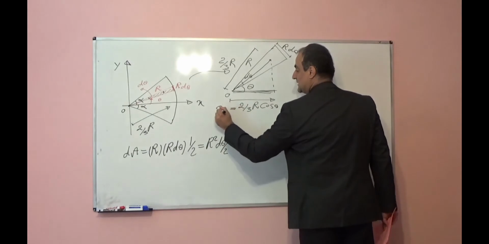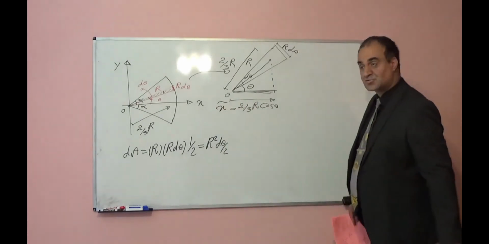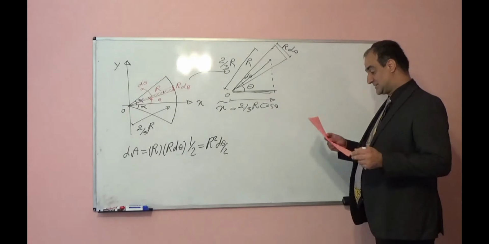So this will be x tilde, the centroid for that small element in the x direction.